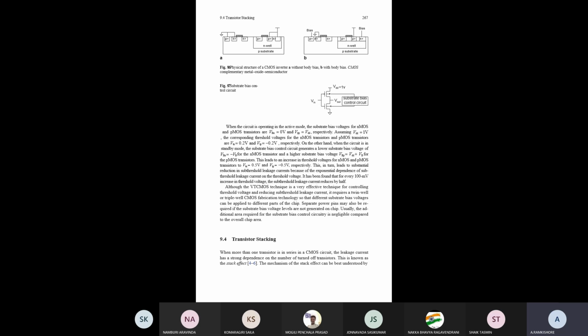This type of arrangement, or this type of switching off of transistors, is called the stack effect of the device.